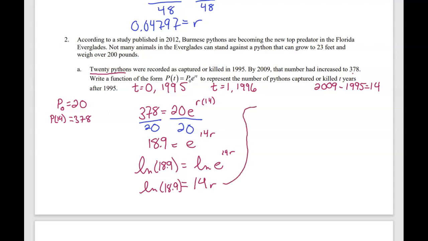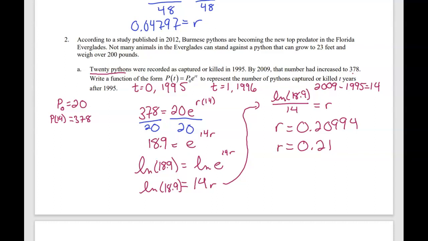So natural log of 18.9 divided by 14 is equal to my r. So the natural log of 18.9 divided by 14. That means that r is going to be 0.20994, and we'll just keep two decimal places in this case, 0.21.